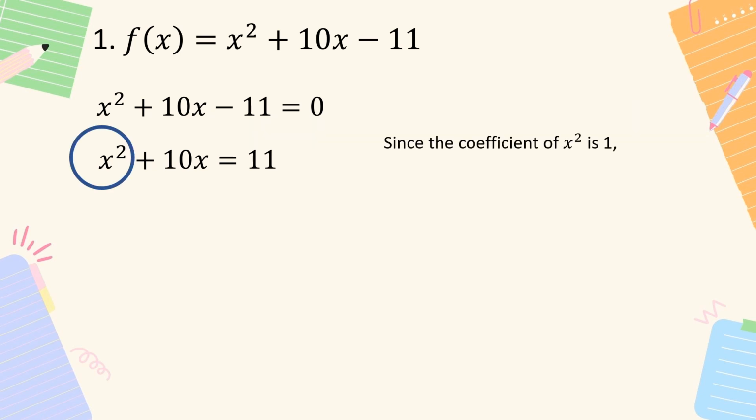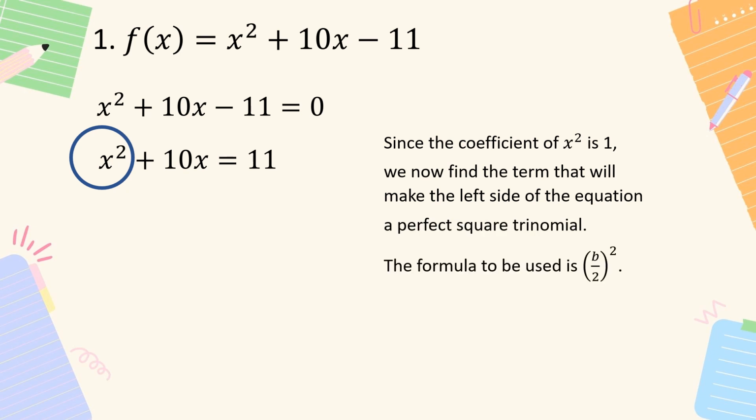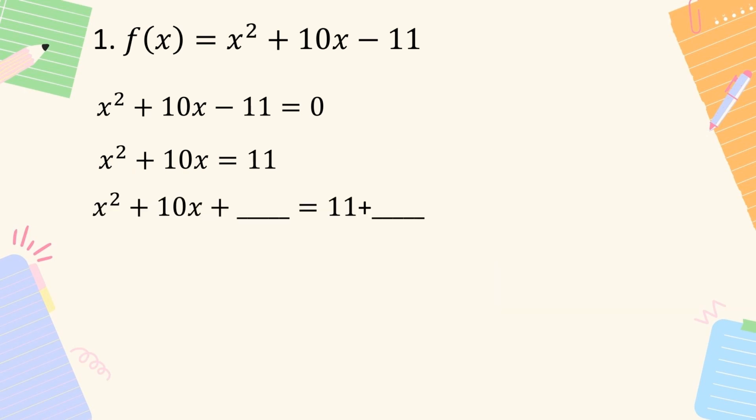Since the coefficient of x squared is 1, we now find the term that will make the left side of the equation a perfect square trinomial. The formula to be used is the square of the quotient of b and 2. Our equation is now written as x squared plus 10x plus blank is equal to 11 plus blank.